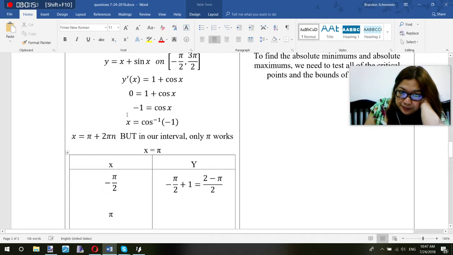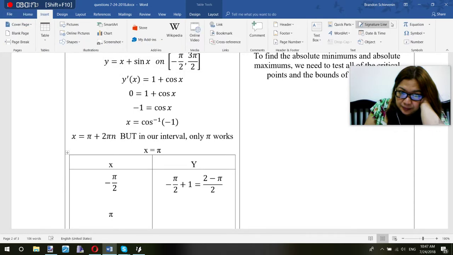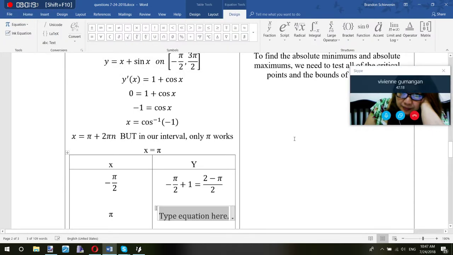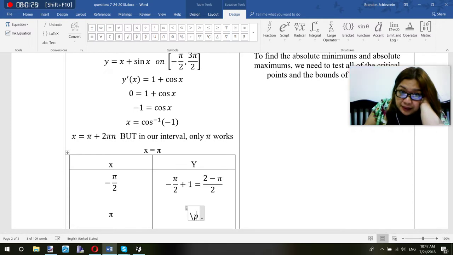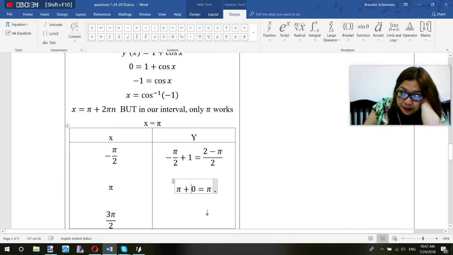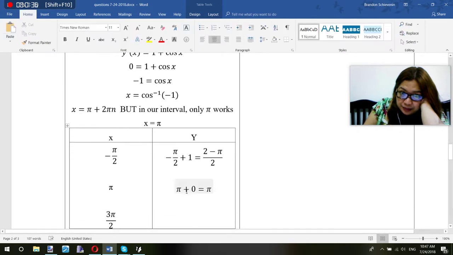Okay, if I plug in pi, what will happen? Okay, if I have pi plus sine pi, so the sine pi is negative. Okay, and the last one, 3 pi halves.